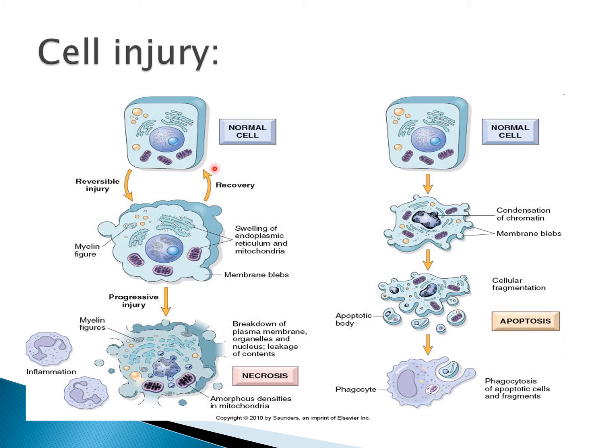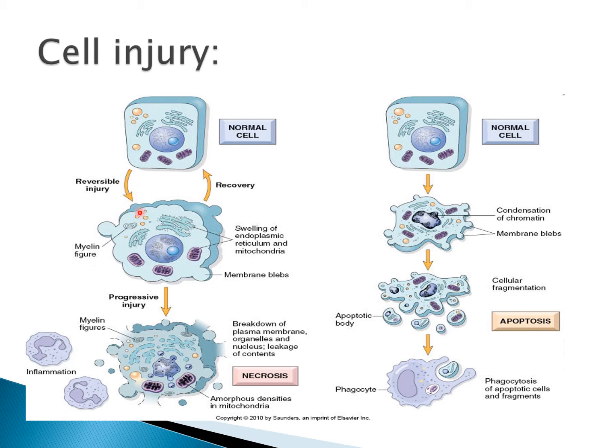So let's start with this very important illustration regarding cell injury and different types or patterns of cell death. You can see here the normal cell with its normal organelles. When the cell is exposed to a stressful event or any injurious stimulus, the cell first, if it cannot adapt, will go into the reversible cell injury, in which if the injurious stimulus is removed or disappears, the cell can still go back to normal.